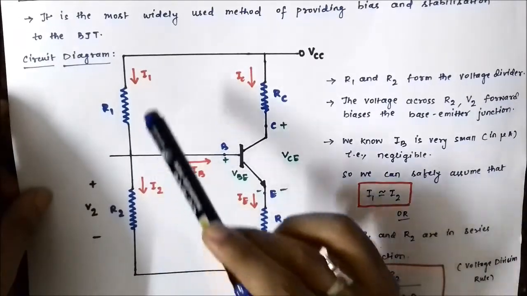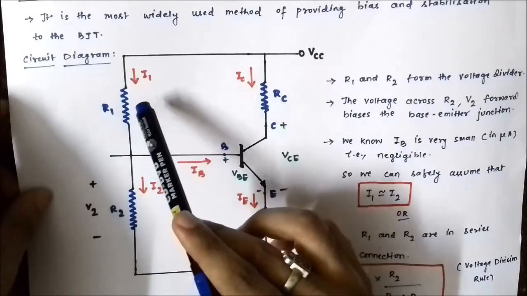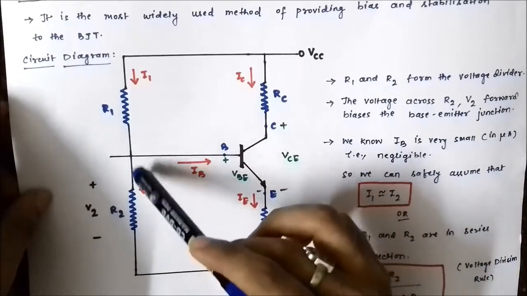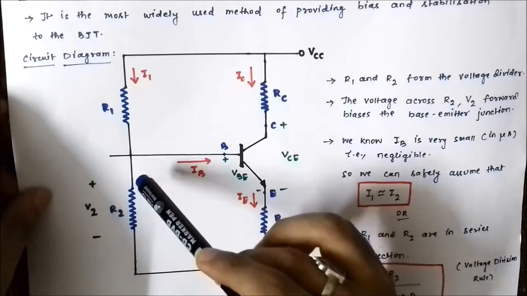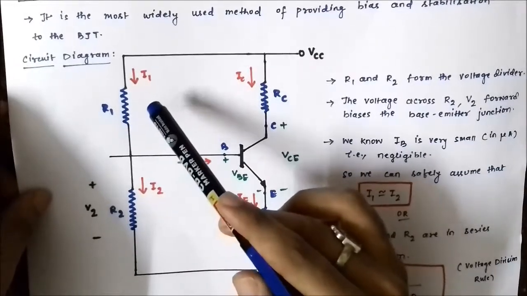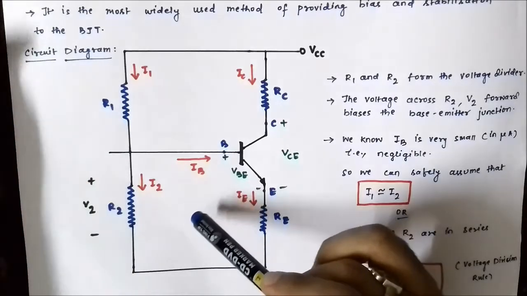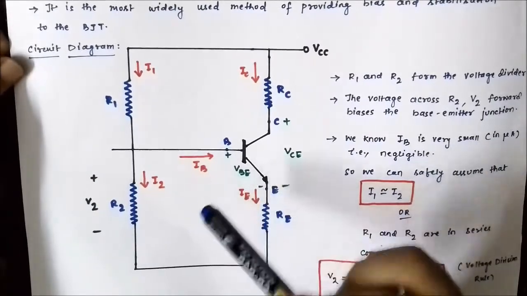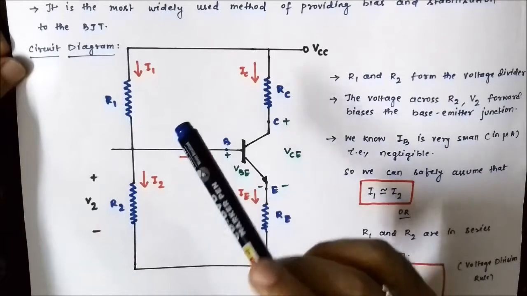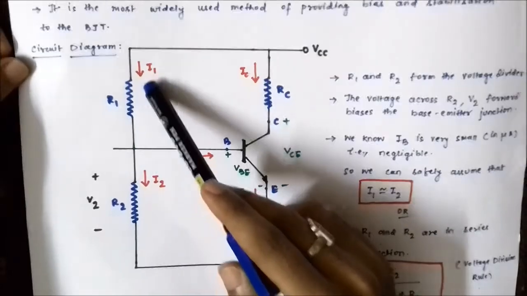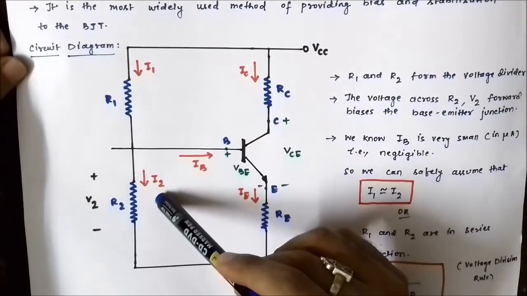So when you write the KCL equation, Kirchhoff's current law equation, I1 should be IB plus I2. But as the magnitude of IB is very less as compared to I2, you can safely write I1 is nearly equal to I2.